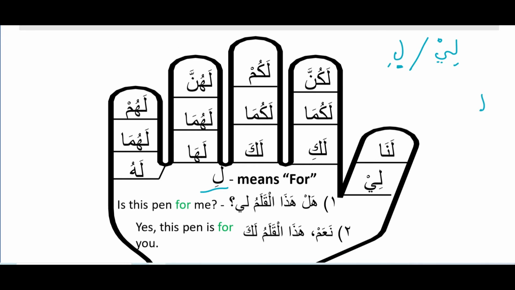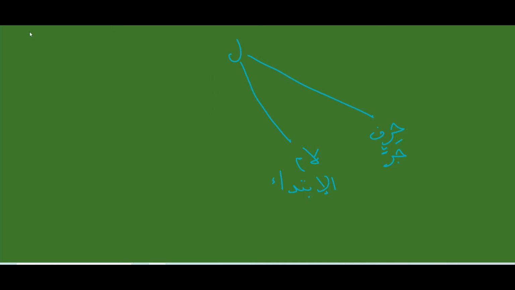For the sentence before, li Muhammadin, this lam is attached to a word, it's not attached to a dhamir. That's why there are two different applications, but the same meaning.